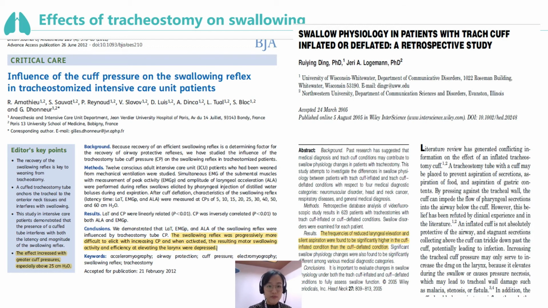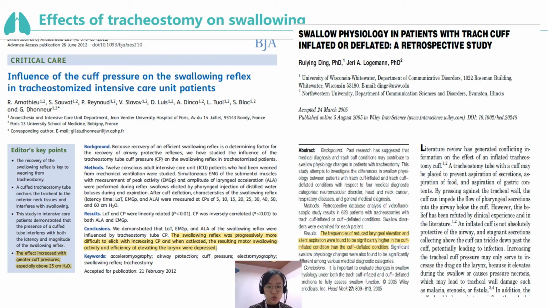We study the influence of the cuff pressure on the swallowing reflex in tracheostomized patients. It said that the effect increased with greater cuff pressure, especially above 25 cm H2O.